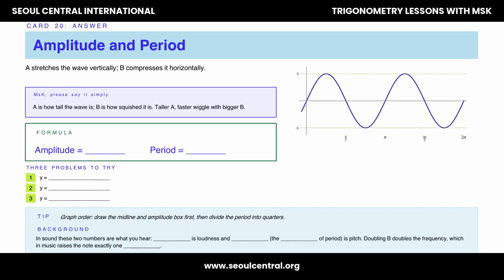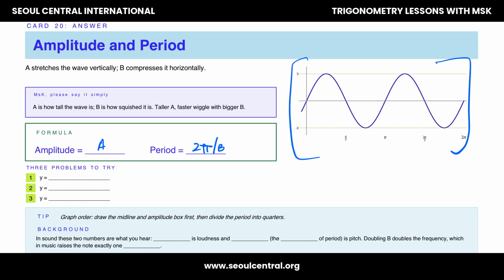Now, a stretches the wave vertically, it's your height. And b stretches or compresses it horizontally. a is how tall the wave is, b is how squished it is. A bigger b gives a faster wiggle. Amplitude will be a and period will be 2 pi over b.